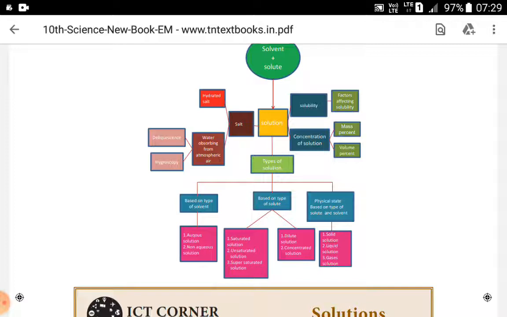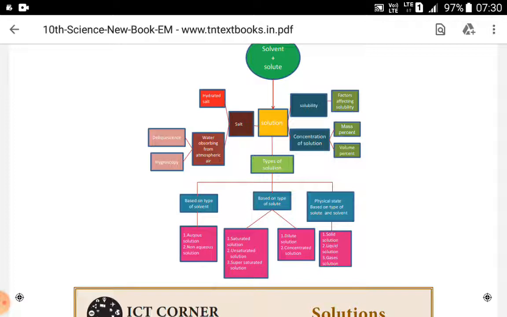During the chemical reactions, the atoms are rearranged to form a new molecule, and bond breaking and bond formation take place. During bond breaking, energy is absorbed. During bond formation, energy is released.